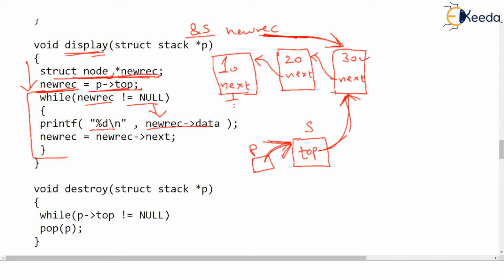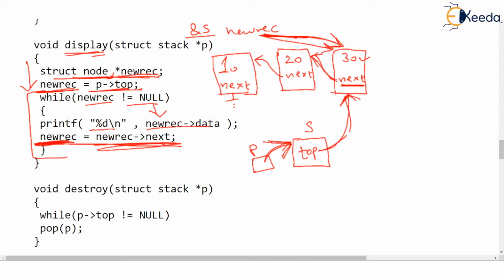But then this line is most important, isn't it? newrec is equal to newrec arrow next. What that means is newrec should change. This pointer should change, and it should point to the same node where newrec arrow next points. You can observe that newrec arrow next, this next, which I am underlining, is actually pointing to 20.